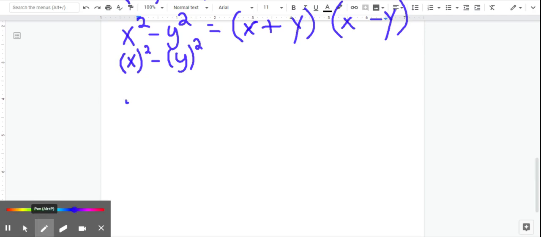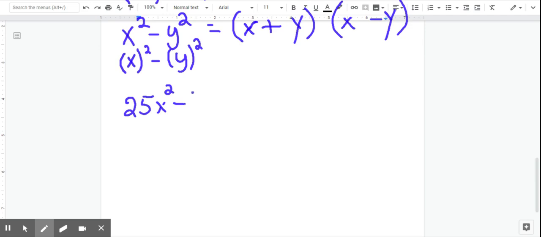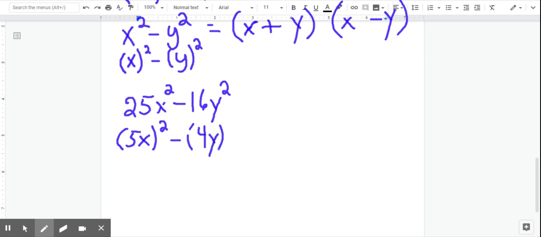Now let's see, what if we have 25x squared minus 16y squared? Well, what squared is 25? 5. What squared is x squared? x. What squared is 16? 4. What squared is y squared? y. So there are your two terms.